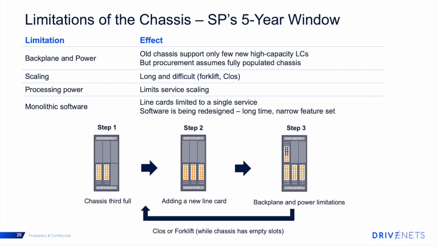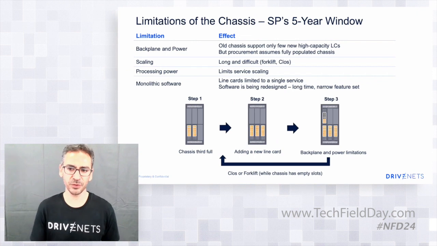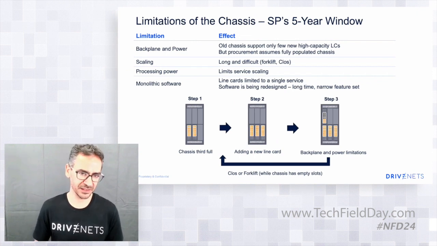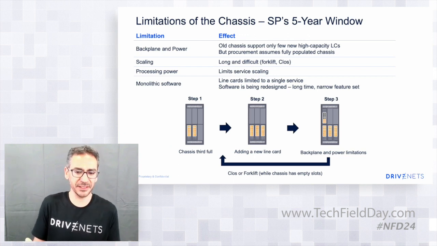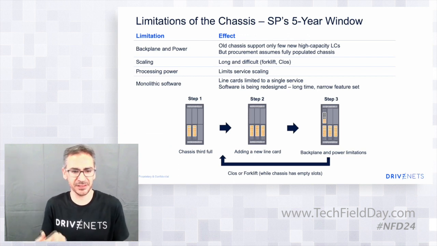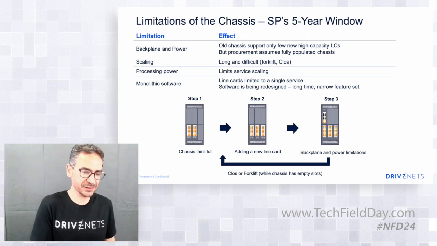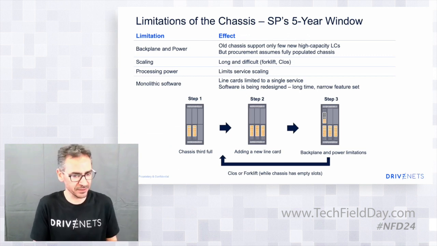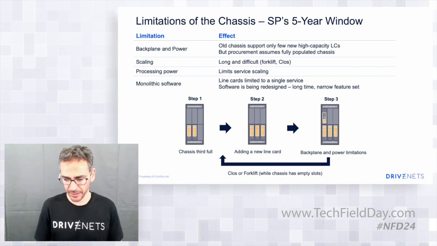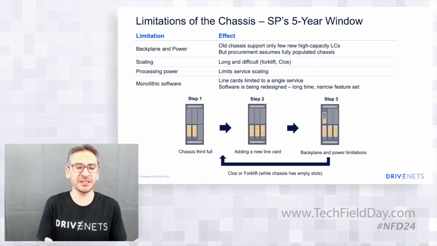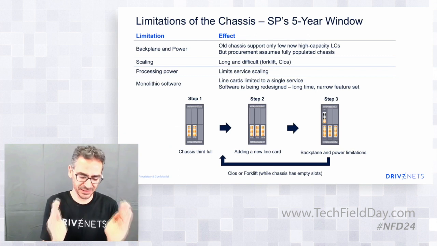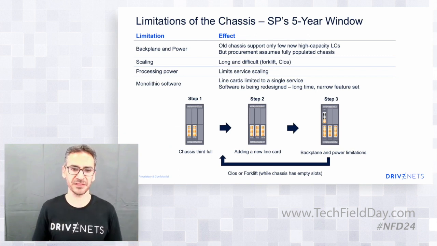The next item here is something that I call the pay-as-you-grow myth of the chassis. What happens is that the network has its life cycle, typically 5 years. And then the chassis as well, the product has its life cycle likewise. I'm not sure if it's also 5 years, but it's definitely not exactly aligned to the life cycle of the network.